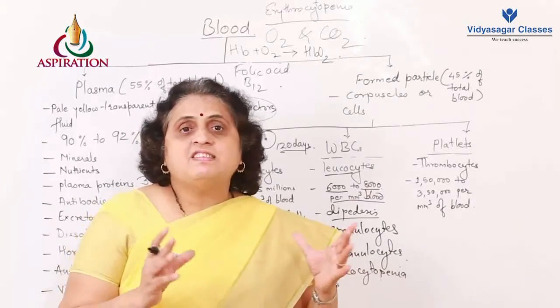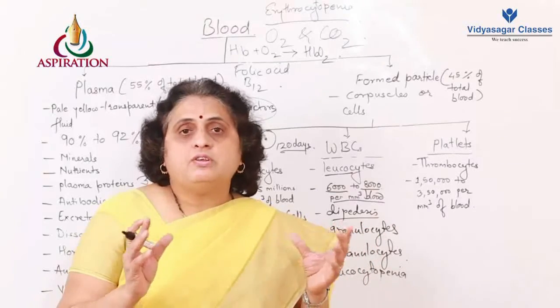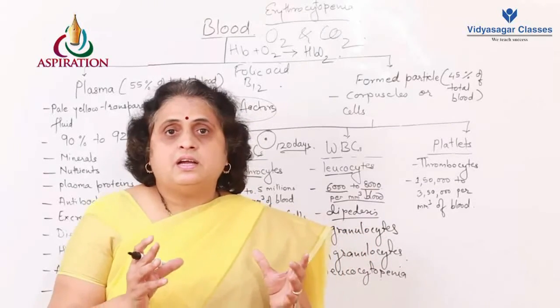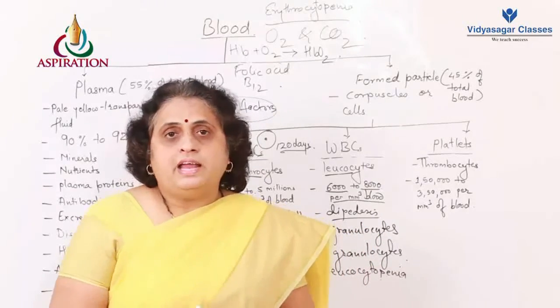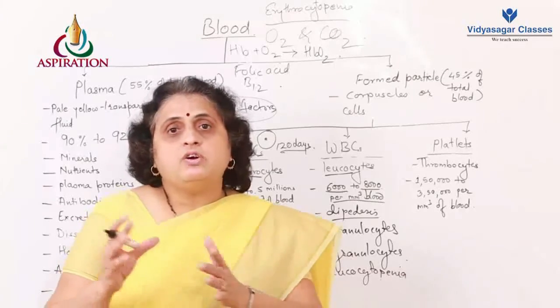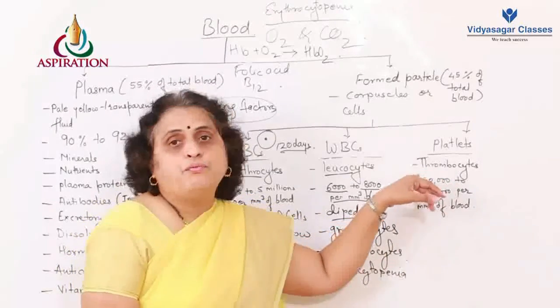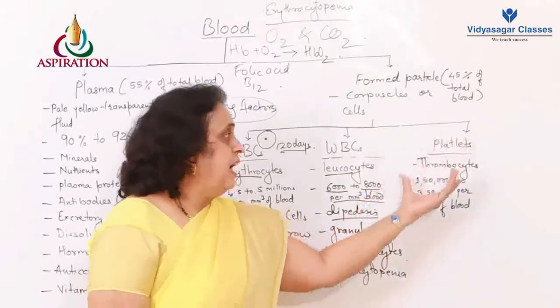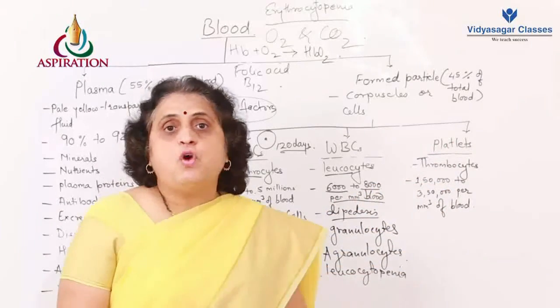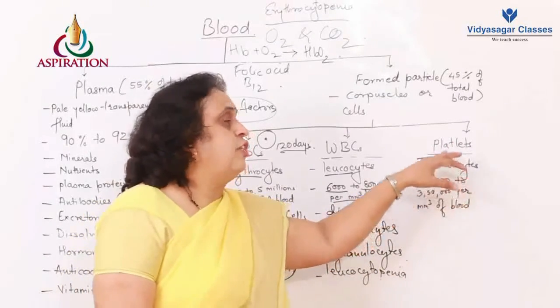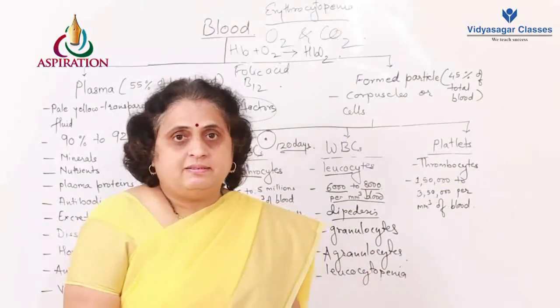Mega means bigger, karyocytes means cells containing the nucleus. So these are the megakaryocytes which undergo fragmentation to form the thrombocytes, which are also called platelets.